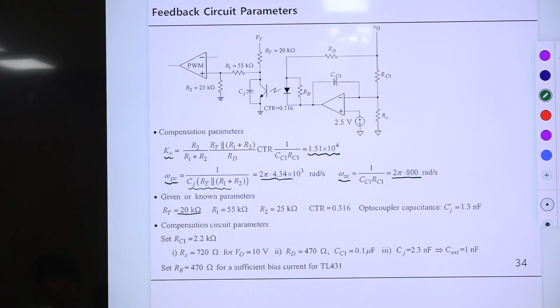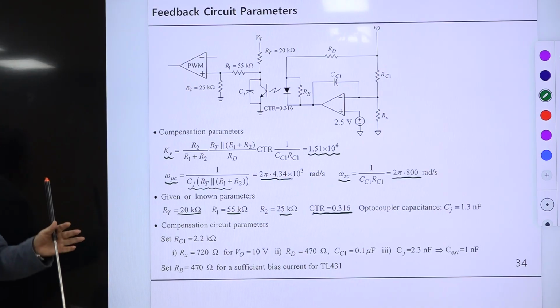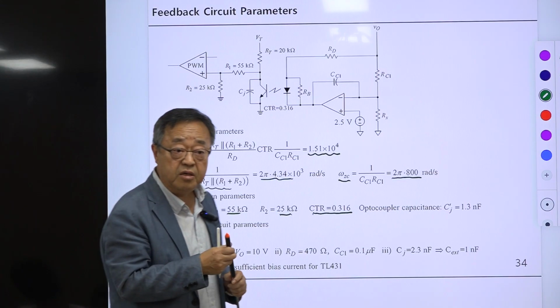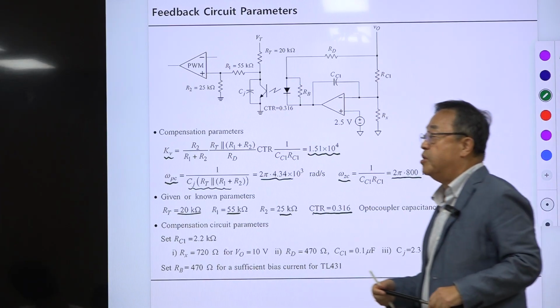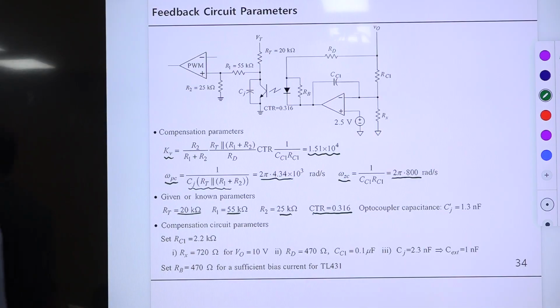So RT, R1, R2, CTR are given, we measured somehow, or we obtained from the data. The vendor provided data is used to determine this CTR, and we experimentally measured this optocoupler capacitor. CJ prime is 1.3 nanofarad.